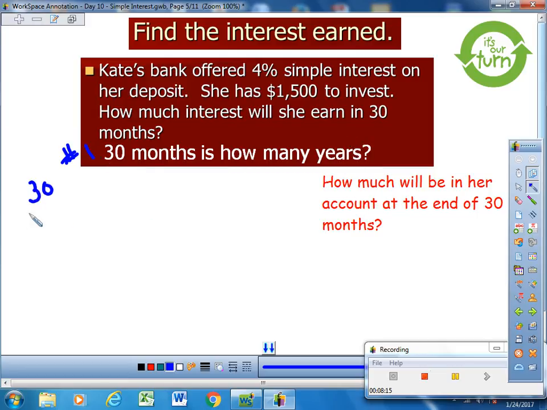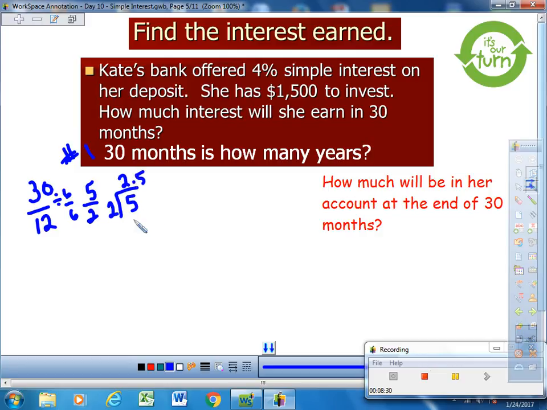So 30 over 12. So I can divide both of those by 6, and I have 5 over 2. So if you know 5 over 2 is 2.5, then it's 2.5 years.